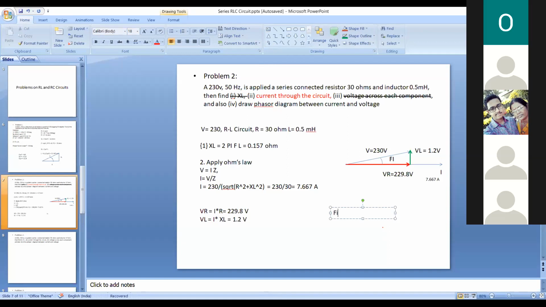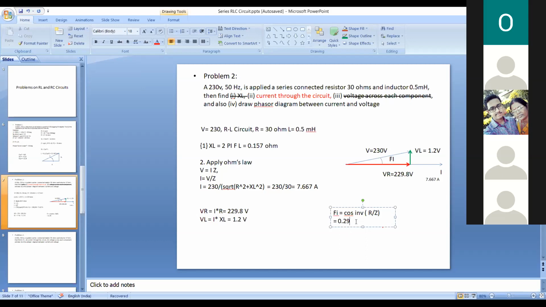Phi is equal to, probably you have found, cos inverse of R by Z, right? This formula you have used, no? Or tan inverse of XL by R is also fine. So 0.29. If you see the phase angle, it's very, very small.